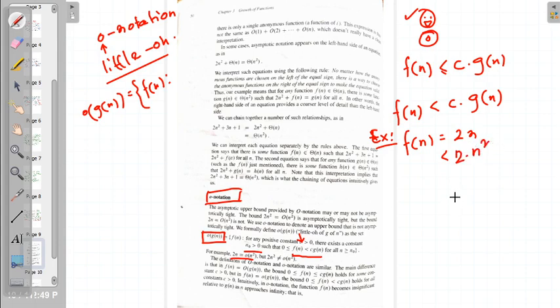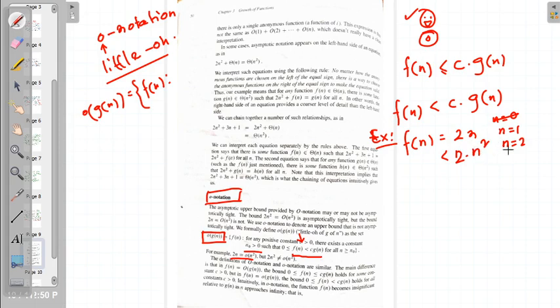For some n0 greater than 0, it will be satisfied. Say we start with n equals 1, here 2, and here 2. For n equals 2, here it is 4, and here it might be 8.